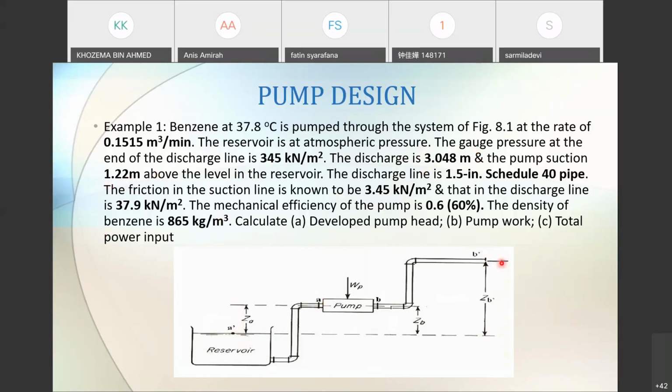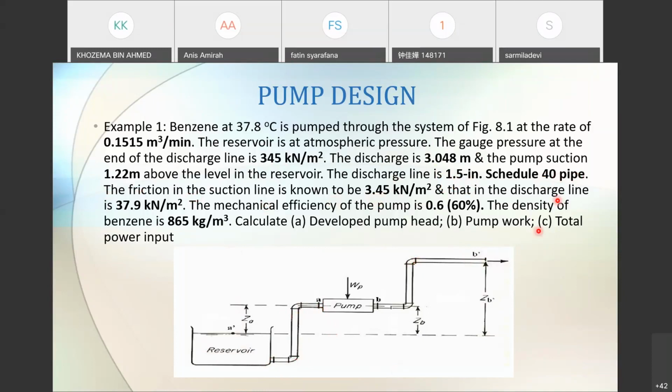The next thing the question gives you is the discharge line. The pipe that is used is 1.5 inch schedule 40 pipe. The suction line starts from here all the way until the pump, and it has a friction of 3.45.